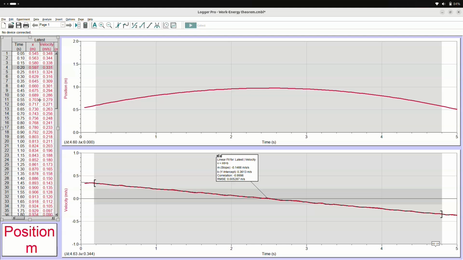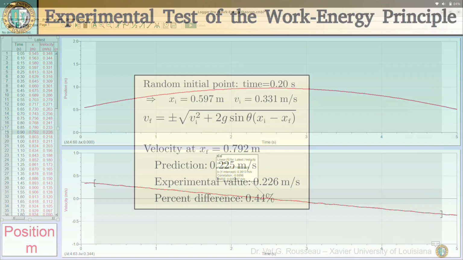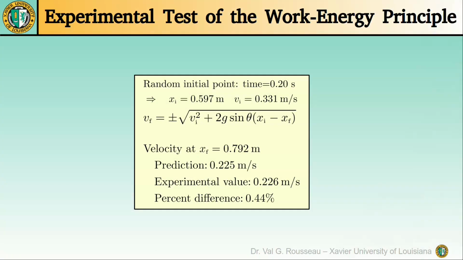So, if we take the final position to be 0.792 meters, we find that the corresponding final speed is 0.226 meters per second, while our formula predicts a final speed of 0.225 meters per second. Thus, the percent difference is only 0.44%, which is excellent.